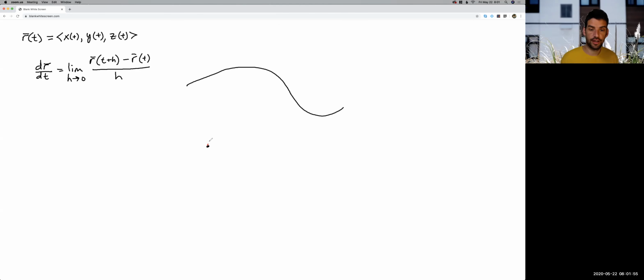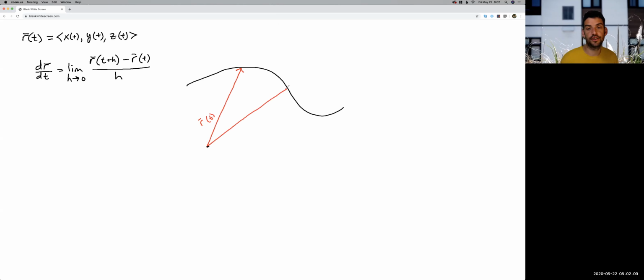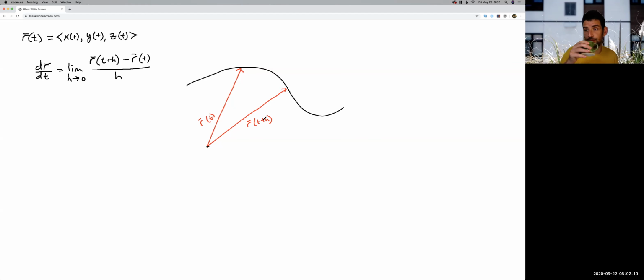So let me draw that in. R of t, and then r of t plus h is going to be somewhere else on the curve, right? Remember, this vector function pops out vectors that are pointing to points along a space curve.